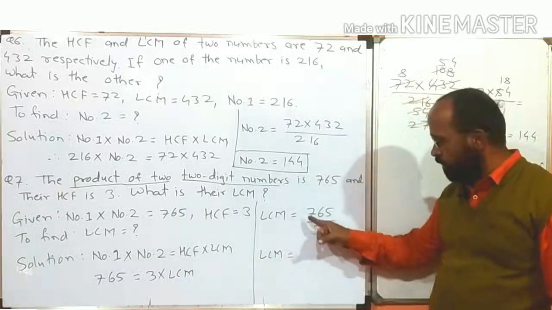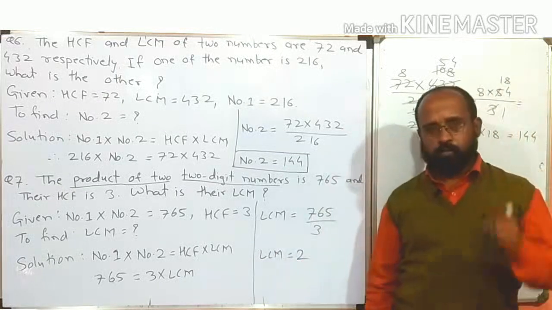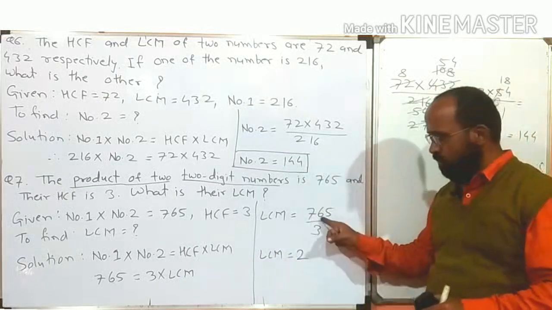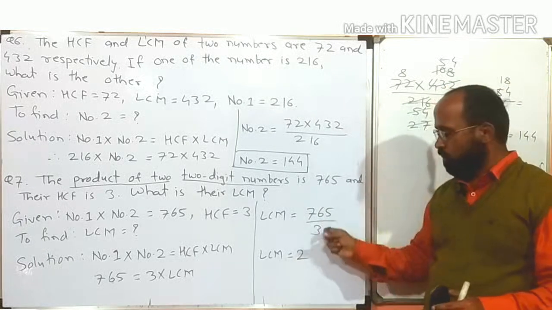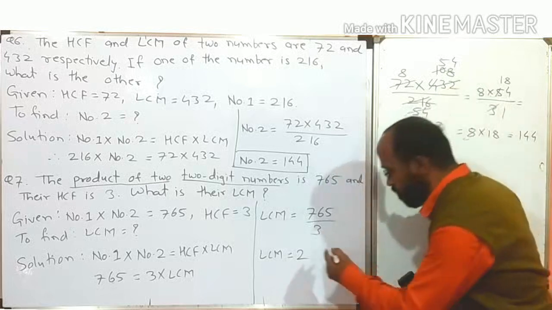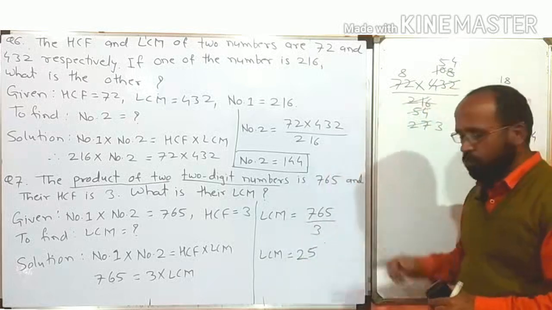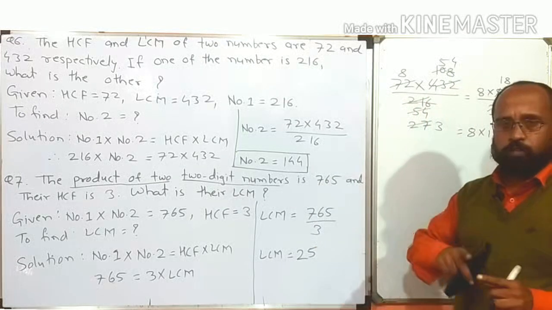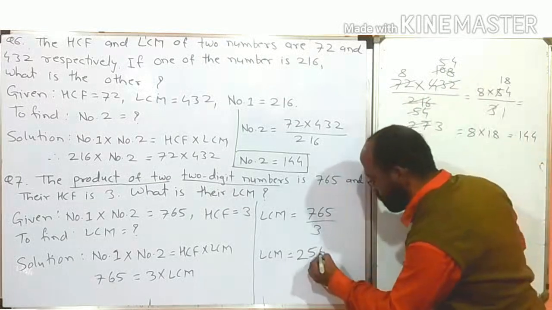Let's divide. 3 2s are 6. 7 minus 6, 1 is the remainder. Next digit 6. 6 on 1 will form 16. 3 5s are 15. 16 minus 15, 1 will be the remainder. Bring the next 5 on it. 1 and 5 on it will form 15. 3 5s are 15. Finish.